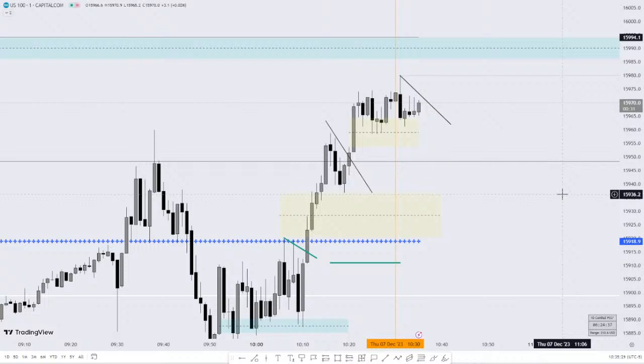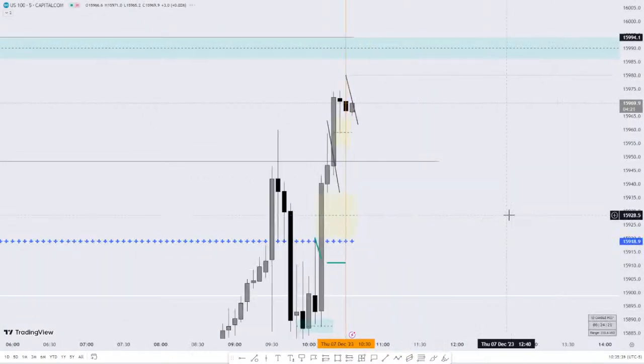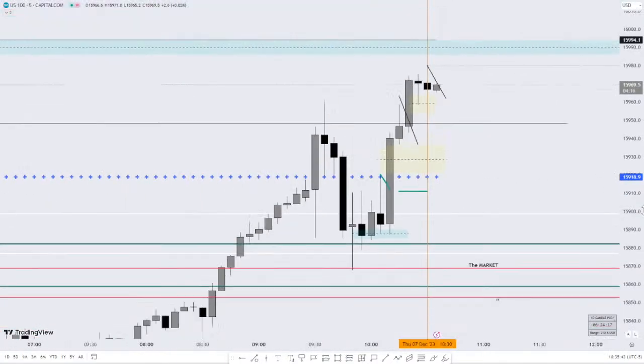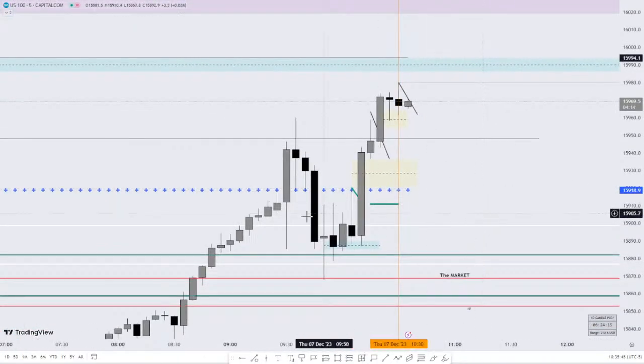Okay, so you are saying that 15936.8 is a fair value gap. Fair value gap on the 5 minutes. The lower fair value gap, the upper fair value gap.